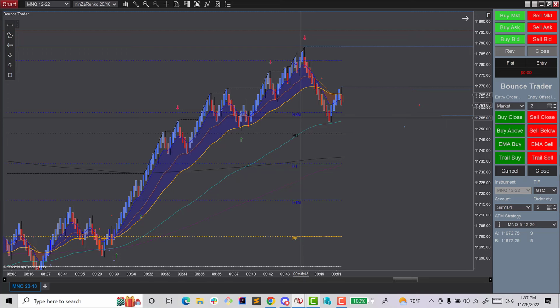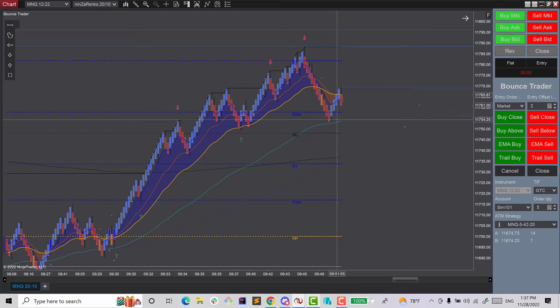Now when we come over here, it's a bounce. Even though we were angulating long, we retraced to the 89 EMA, and now we are having another bounce from the 34 EMA, and we still have enough room for profit.